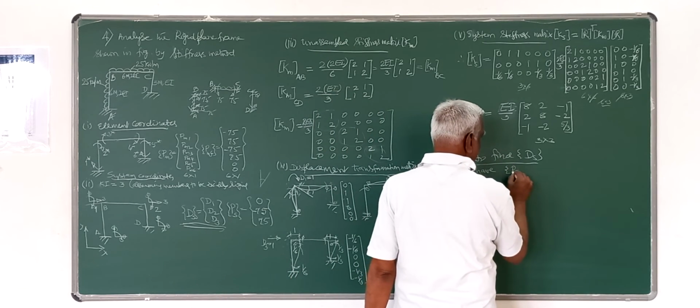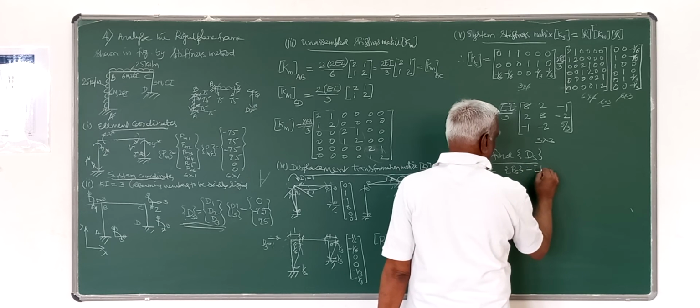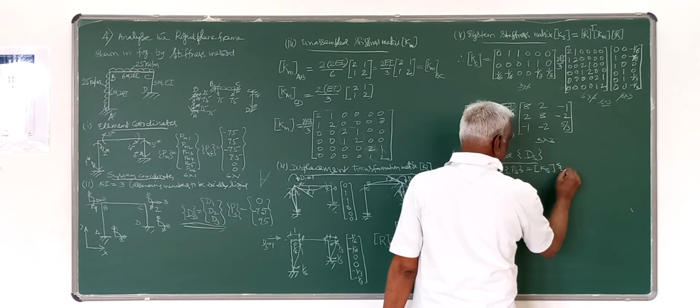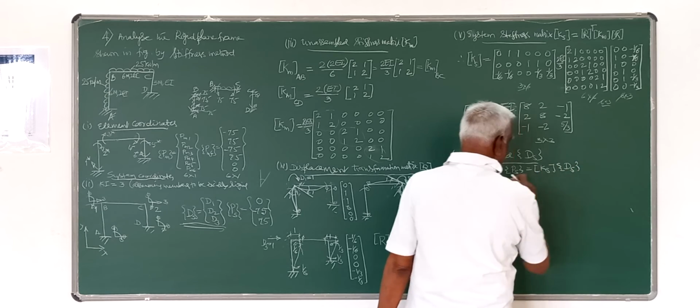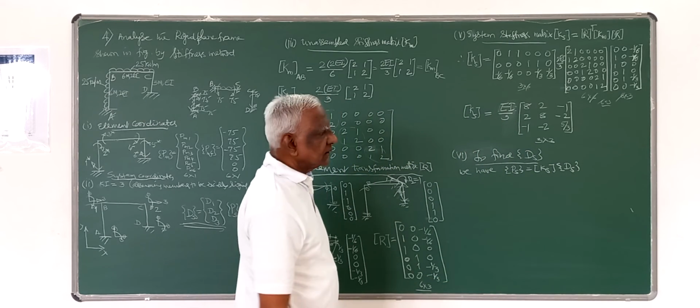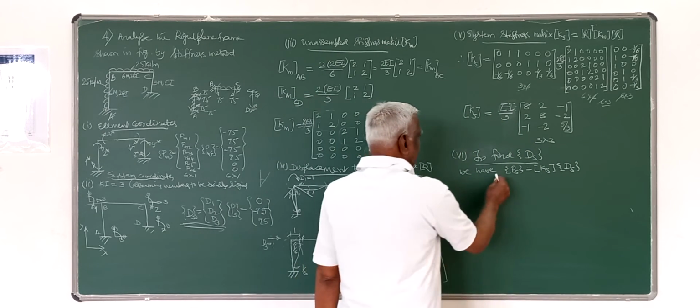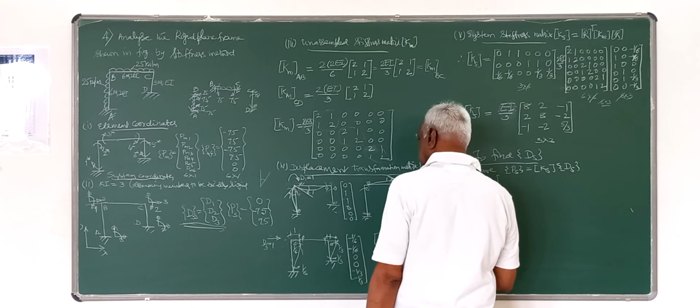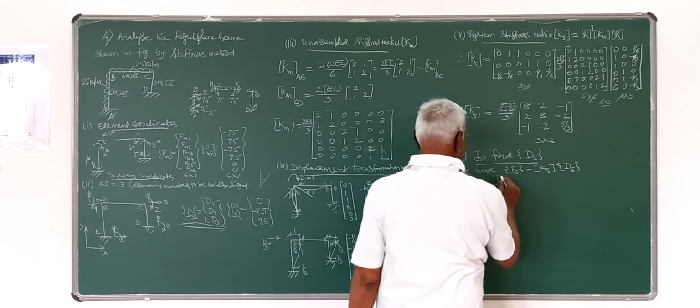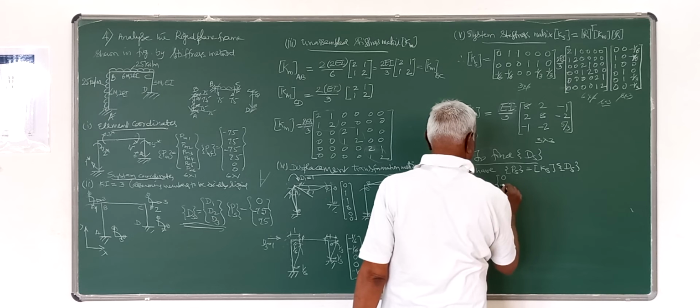So we have Ps is equal to Ks into ds, the force displacement relationship in system coordinates.